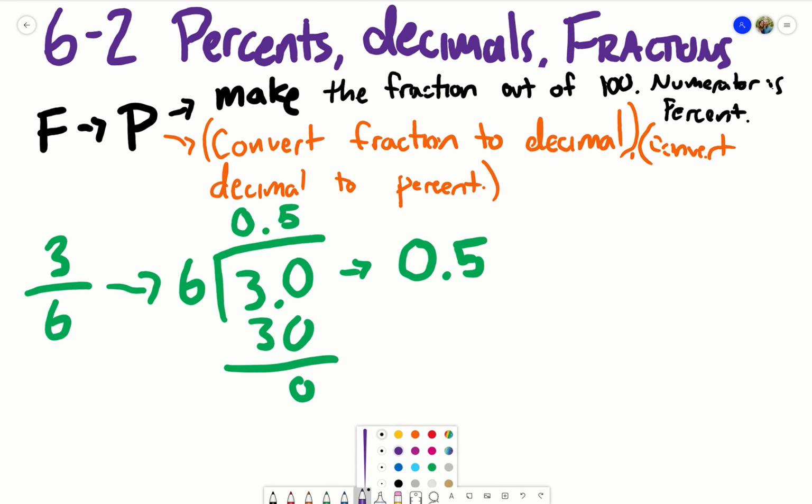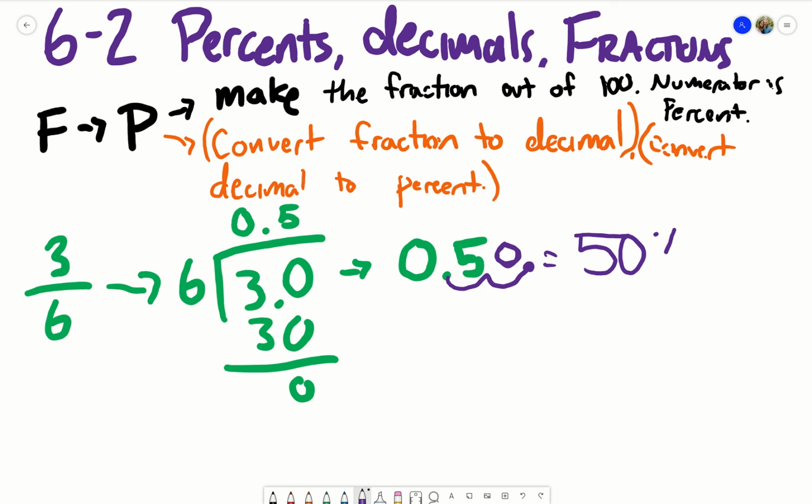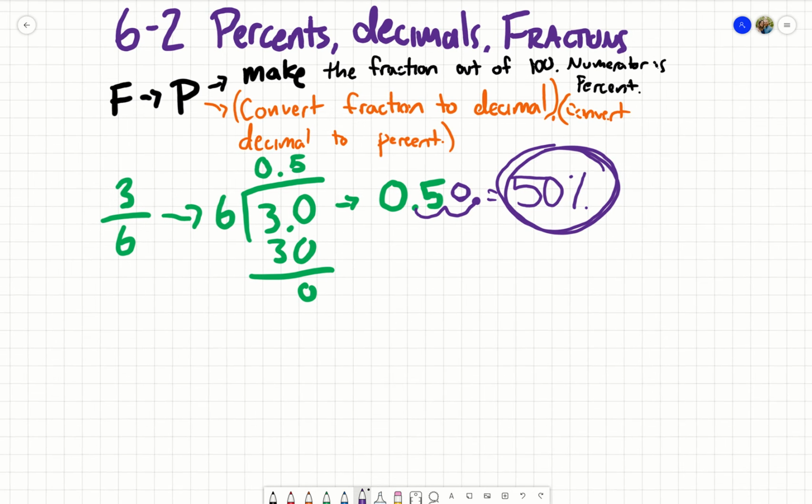Now to convert my decimal, I'm going to move my decimal point 2 places over, fill in my blank with a 0, and that gets me 50%. 50% is 3/6. 3/6 equals 3 divided by 6 equals 0.5 equals 50%. So that's the other method I can take to do fractions to percents.